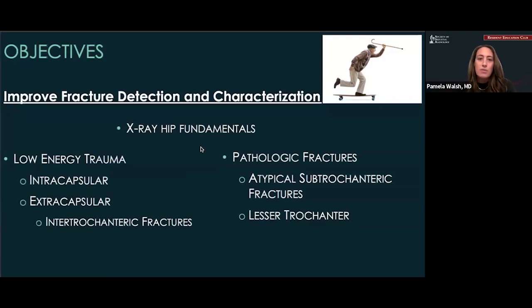First, we'll take a look at some hip fundamentals with regards to X-ray. Then our patient population is going to be an elderly patient who comes in with a low energy trauma, such as a fall. So we'll focus on intracapsular and extracapsular fractures. We'll do a little bit of a deep dive into intertrochanteric fractures, and then we'll take a look at pathologic fractures.